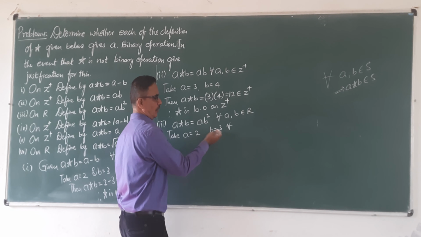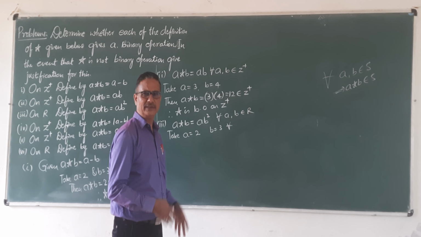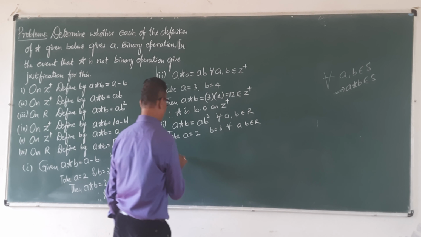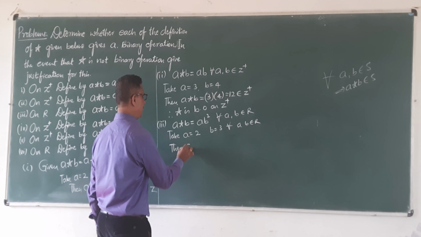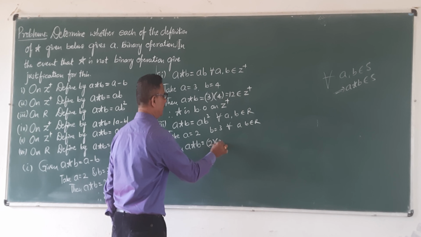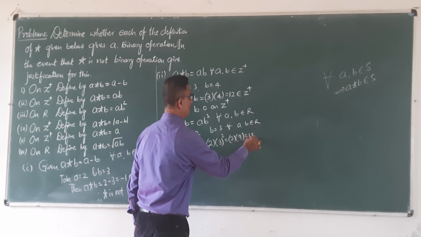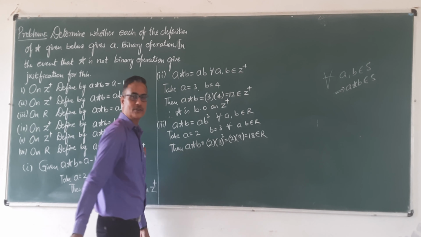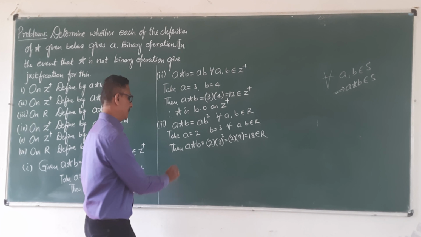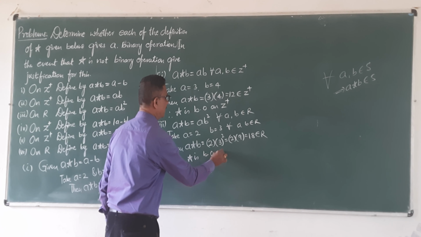Then a star b is a b square: 2 into 3 square is 9, and 9 into 2 is 18. 18 also belongs to real numbers. Again the product of two real numbers becomes a real number, therefore star is a binary operation on the set of real numbers.